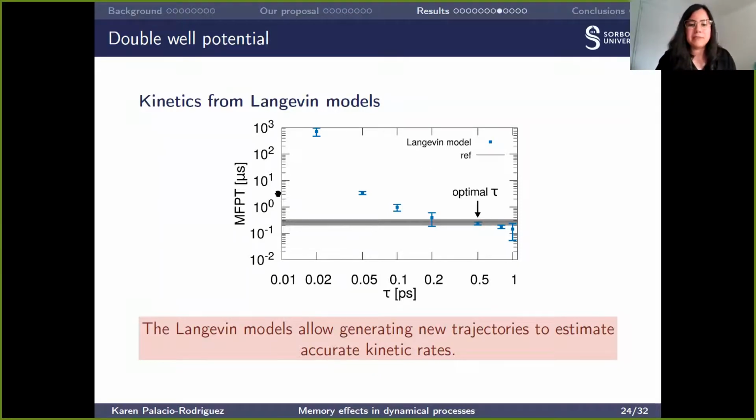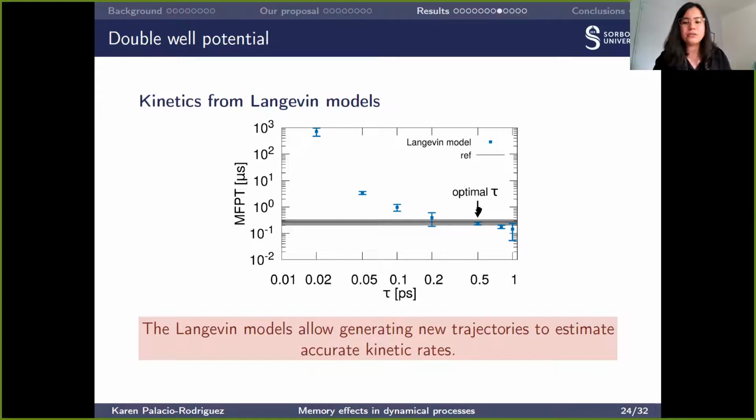So we estimate the mean first passage time, and here we have two important results. The first one is that for a small tau, where we said that the model is not accurate, this is an optimal model. So we are able to optimize a model, but the rate that you obtain from that inaccurate model is orders of magnitude, like 4 orders of magnitude, greater than the reference one.